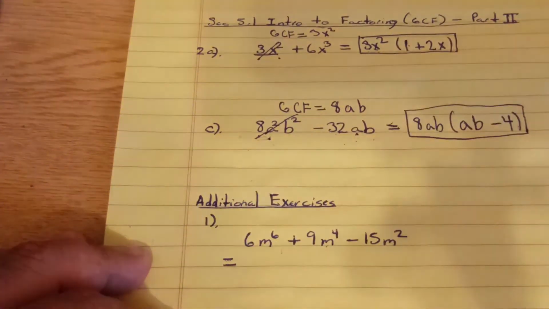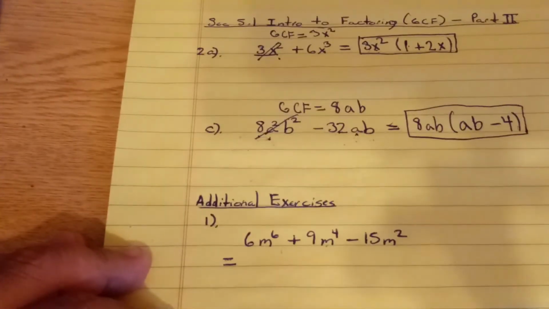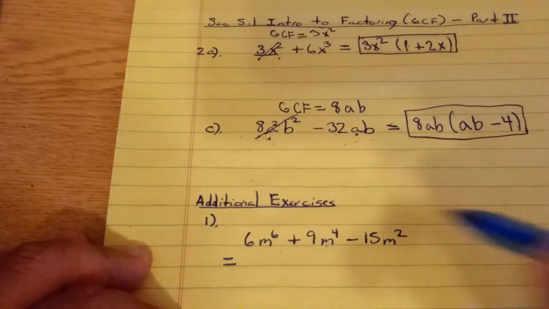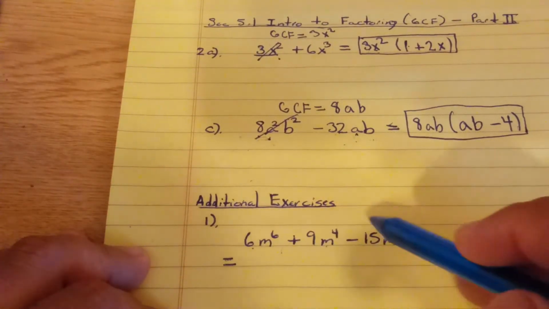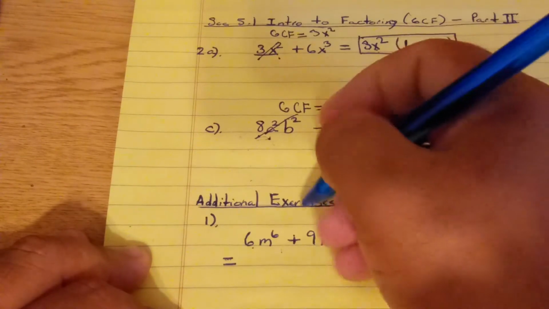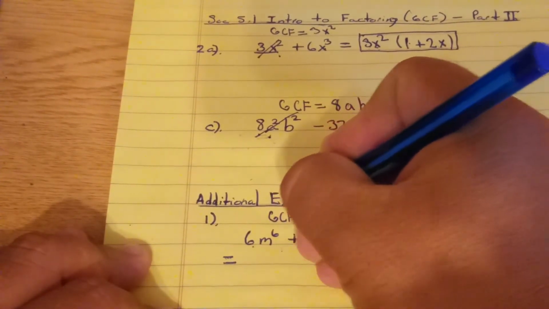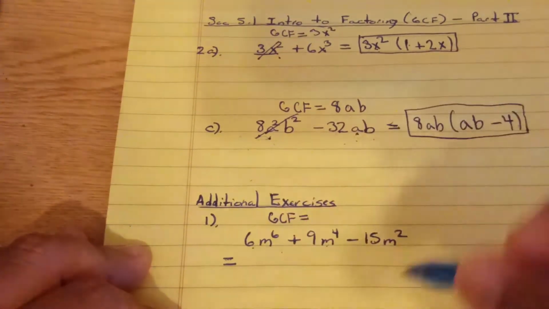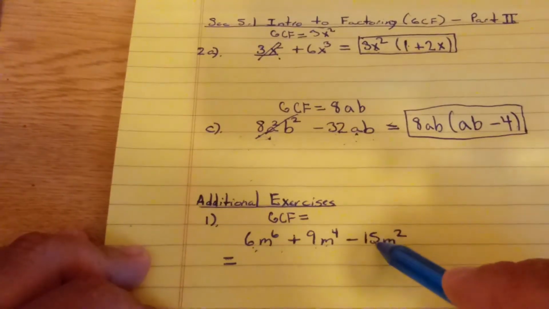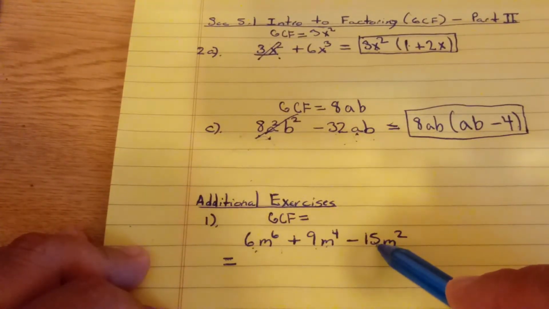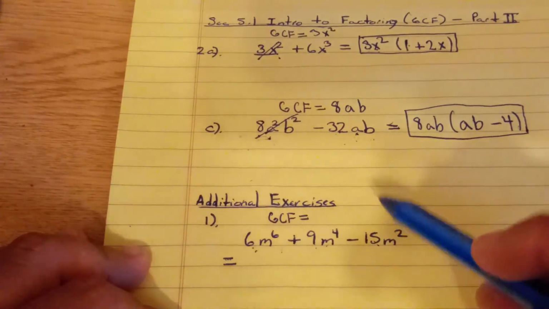The same thing, except that we're taking a look at this. So we have a 6, we have a 9, we have a 15. So the GCF, first of all, what is the largest number that could go into 6, 9, and 15? So remember, it has to be divisible into all 3 of them.